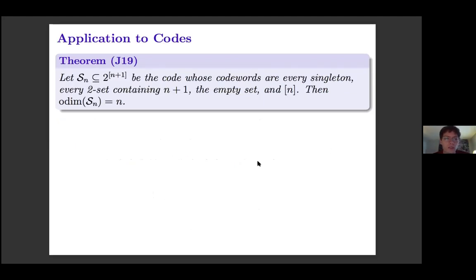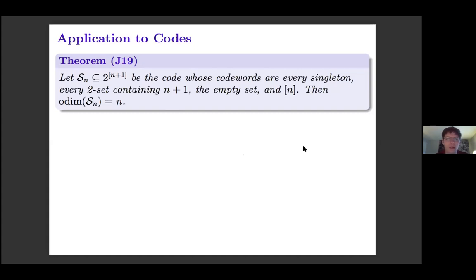There's a number of applications you can make of this type of result to codes, but one that I want to state, and that we're going to draw back in later, is the following. I can define a family of codes, I'll just call them script S sub n. What are the code words I'm going to include? I'm going to include every singleton set, every pair containing the neuron n plus 1, the empty set, and then the set of neurons 1 through n.